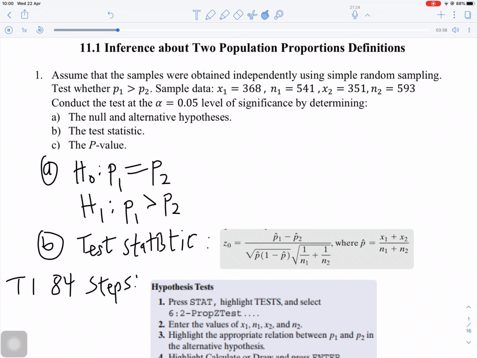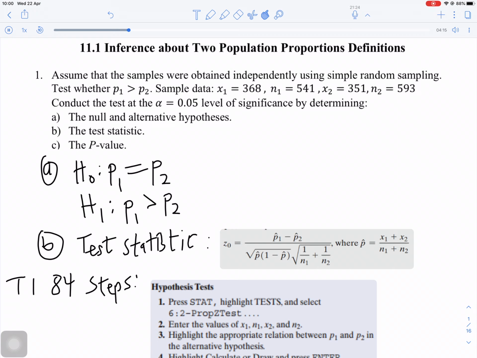So what happens in dependent sampling is, let's say, for instance, we want to know the reaction of people to a drug, before taking the drug and after taking the drug. Let's say we want to find out their temperature.